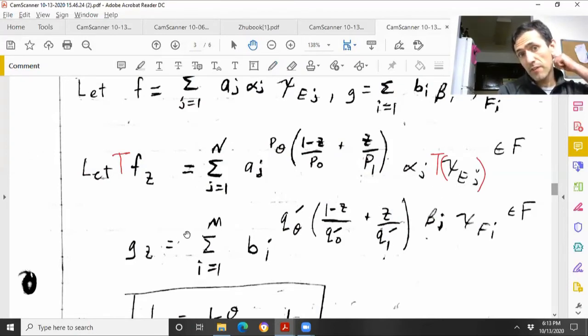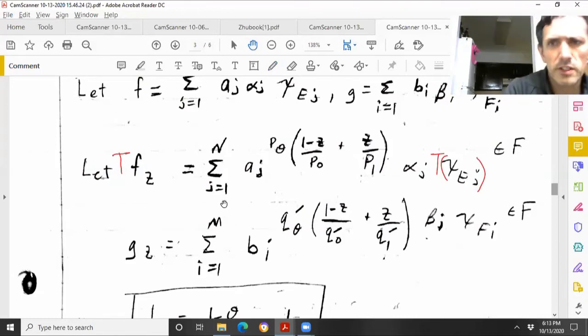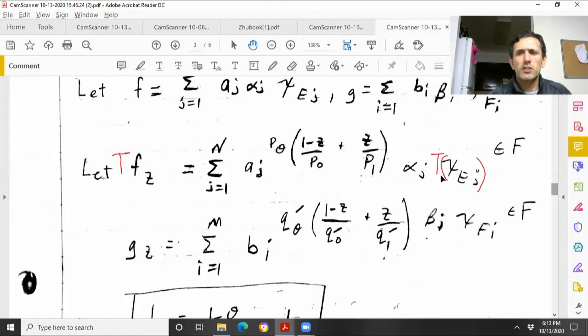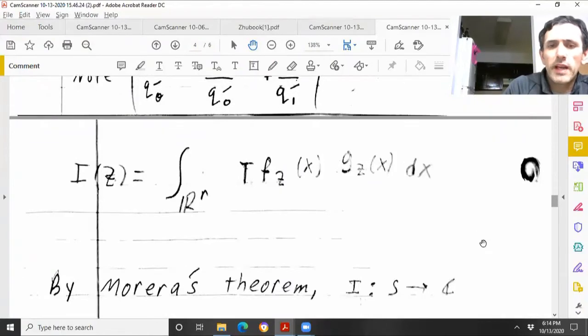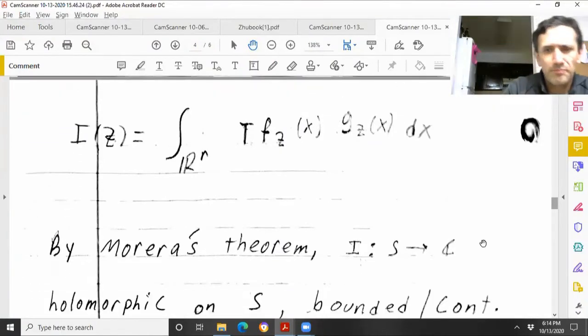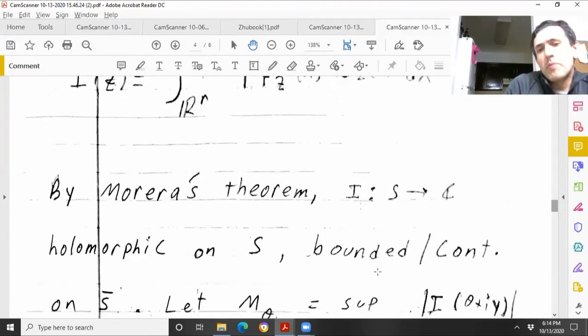So you can take Tf of z, multiply it by g of z, you get a kind of ugly double sum, but you basically just get a sum of m times n pieces that are each in L1, because T applied to this characteristic function times this characteristic function by assumption is going to be in L1. That's our assumption. T applied to something in big F times something in big F is an L1. Right, so basically I gave you a hint how to use Riesz's theorem to prove that this is holomorphic. And I gave you basically how to prove that this is bounded and continuous on the closed strip.